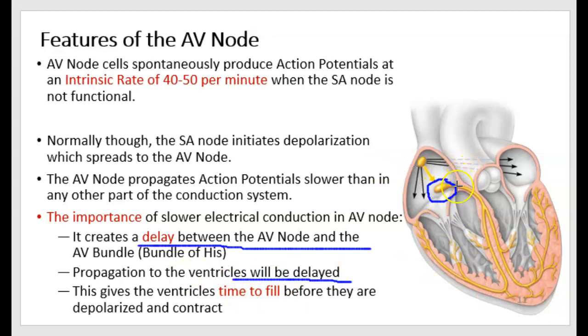Because we want to make sure that the atria contract completely to fill the ventricles with blood before they contract. So this AV node, even though it seems like a weird bad thing that it conducts electrical impulses slower, is actually a good thing because it gives time for the ventricles to fill completely with blood before they contract.